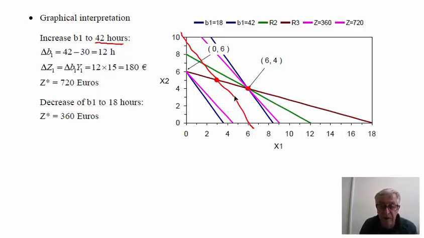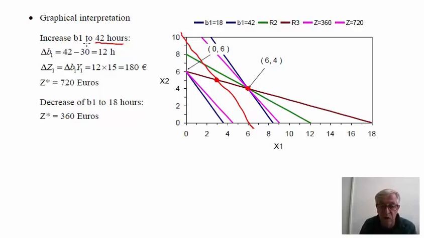In this case, the optimal point, which was located here, will move until we arrive to that point. At this point, the list of basic variables starts to change. So this is the limit.